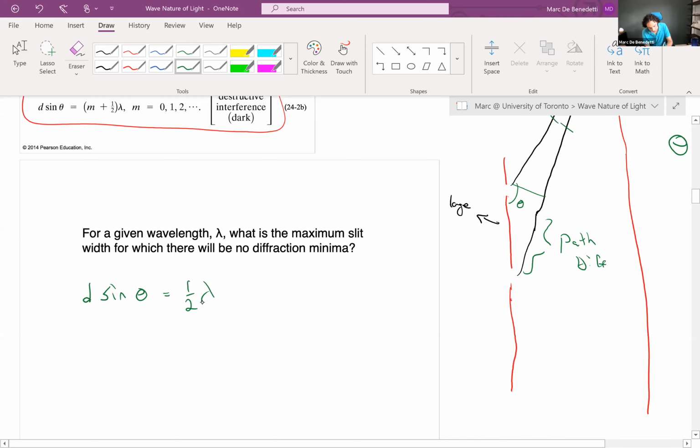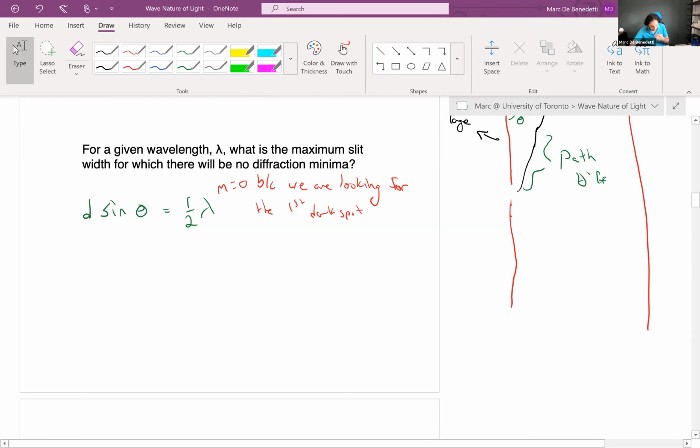And this is where we're saying m is equal to 0 here, because we are looking for the first dark spot. Of course, the first dark spot doesn't exist.